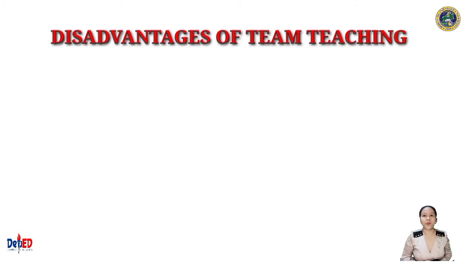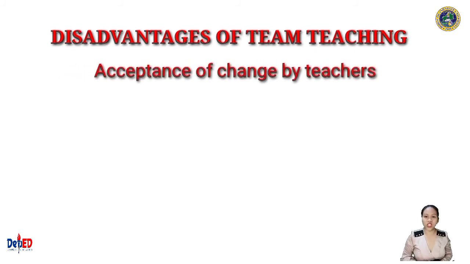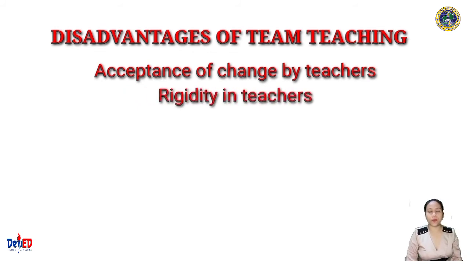Number 1, acceptance of change by teachers. Team teaching can only be effective if teachers are willing and happy to be involved in the new form of teaching. A forced approach is bound to fail. Number 2, rigidity in teachers.